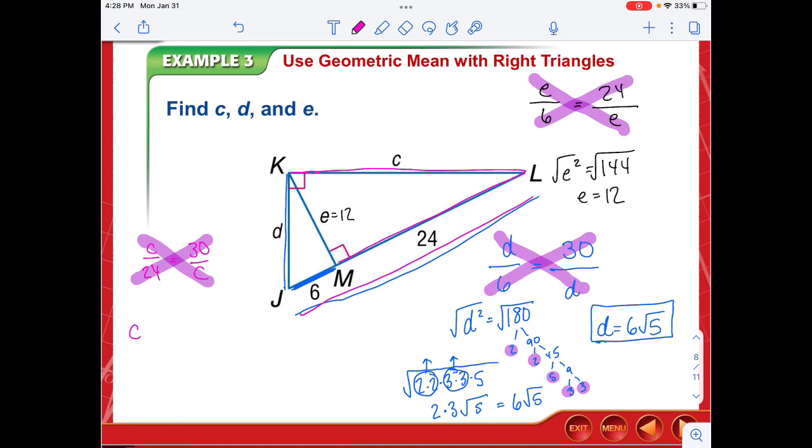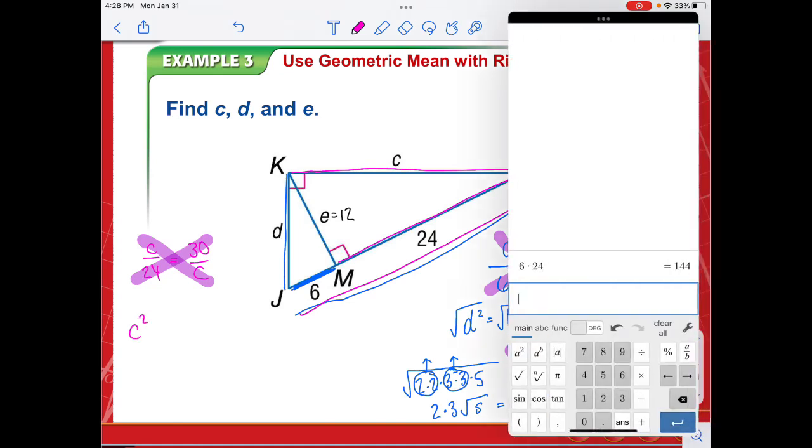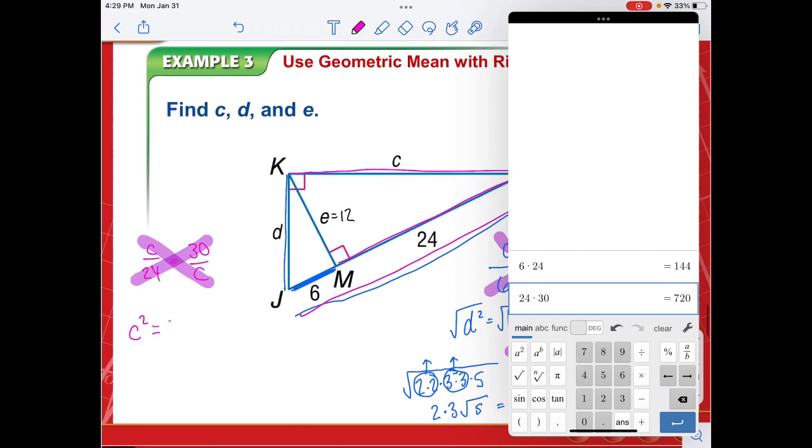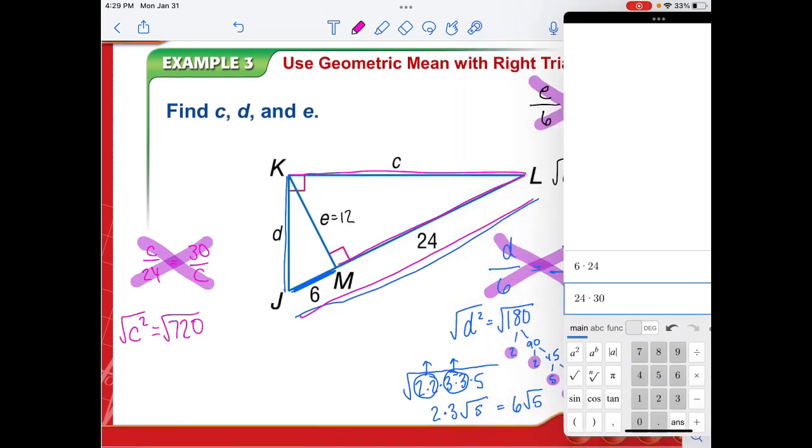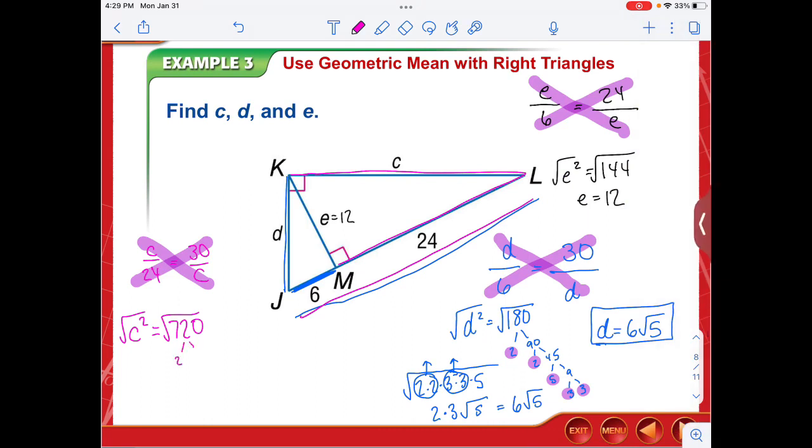We get C squared. I don't know what this is. 24 times 30 is 720. Once again, not a perfect square, so we can go ahead and factor tree it. These should get pretty fast. I kind of find factor trees pretty fun because they're just the same process every time.